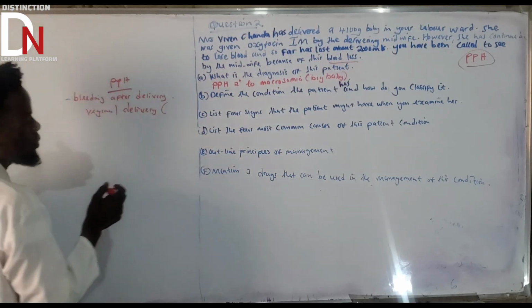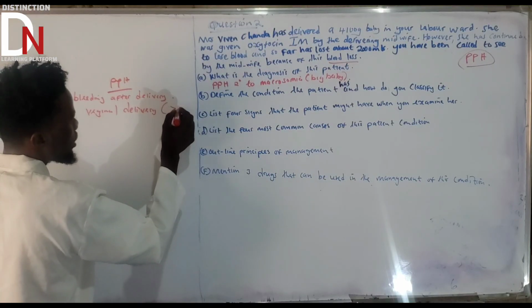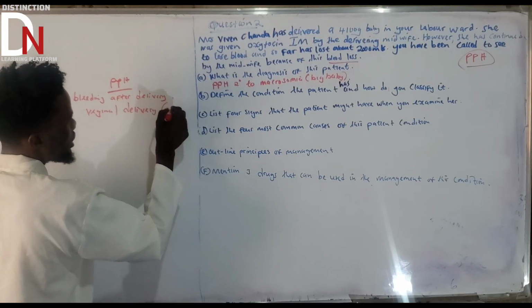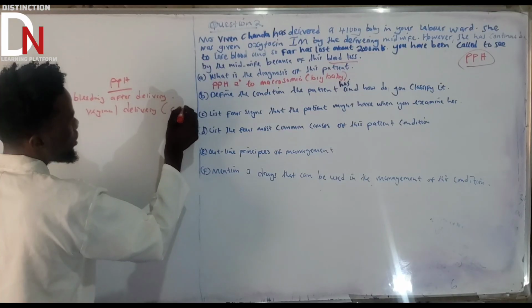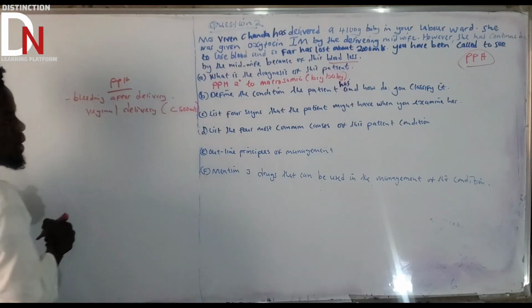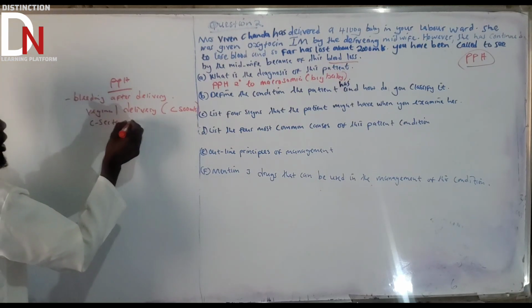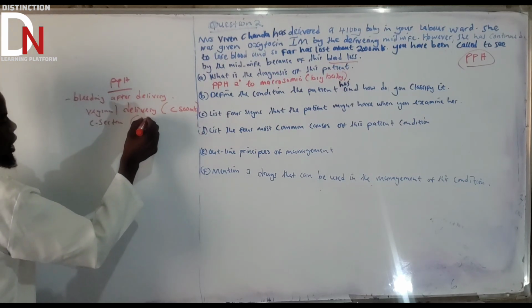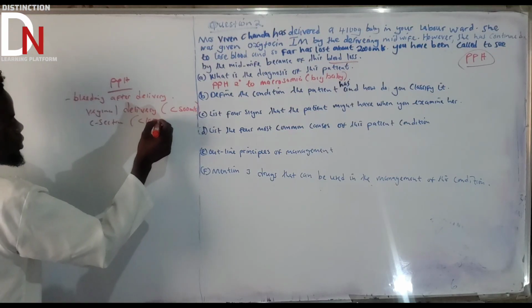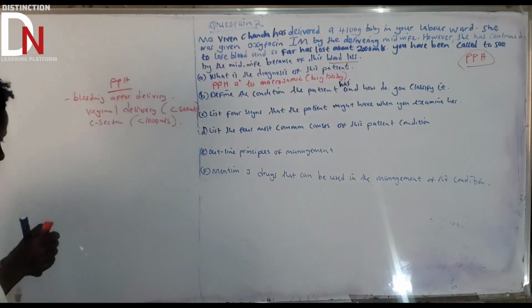For vaginal delivery, it is acceptable to say that it is PPH if it is greater than 500 mils. Then you consider it as PPH. But for C-section it has to be greater than 1000 mils. That is the first definition.